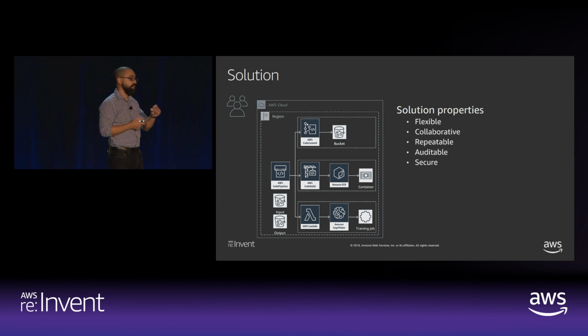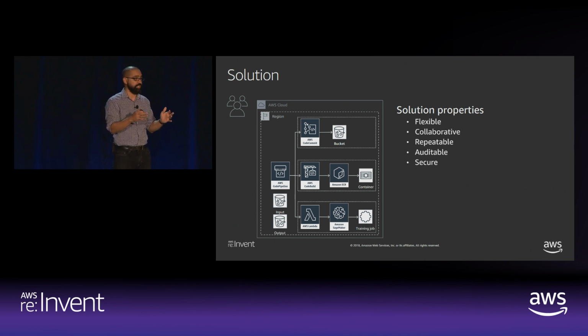And any place where these services are doing something on your behalf, for example, this Lambda function calling SageMaker or reading from that S3 bucket, we've taken great pains to make sure that we have the least amount of permissions attached to any of these services, which means that Lambda function can't delete and it can't write to the bucket. All it can do is read, and it can only read that particular bucket. So there's a lot of properties here that make this especially useful.